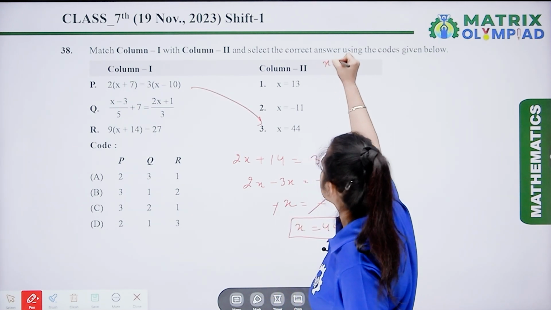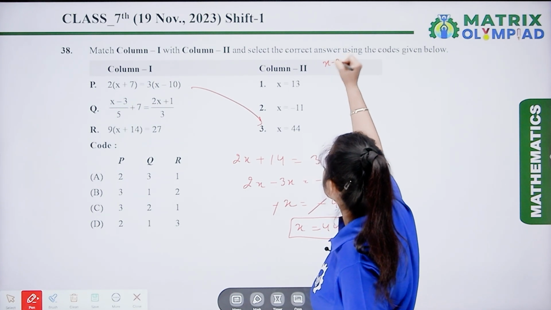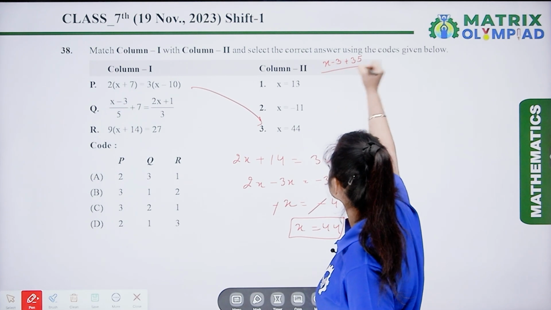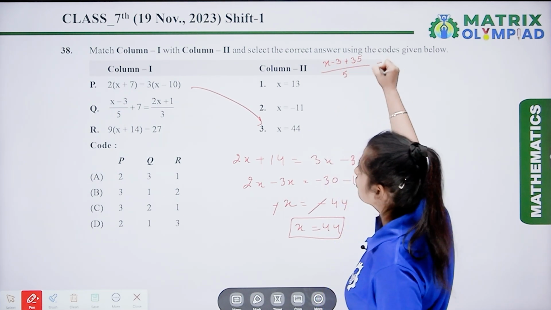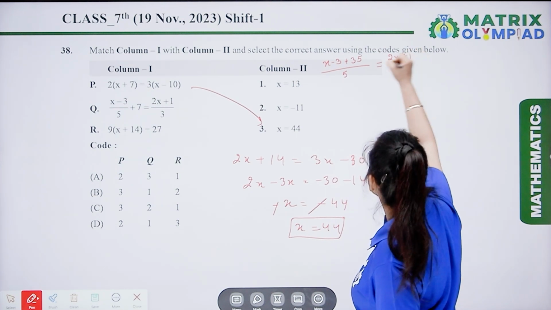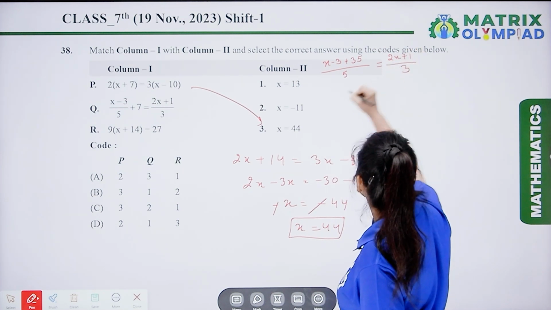Let's solve the next equation. (x minus 3) plus 35 upon 5 equal to (2x plus 1) upon 3.